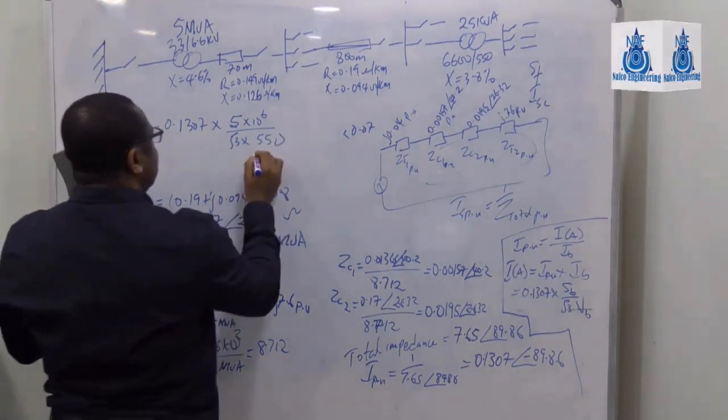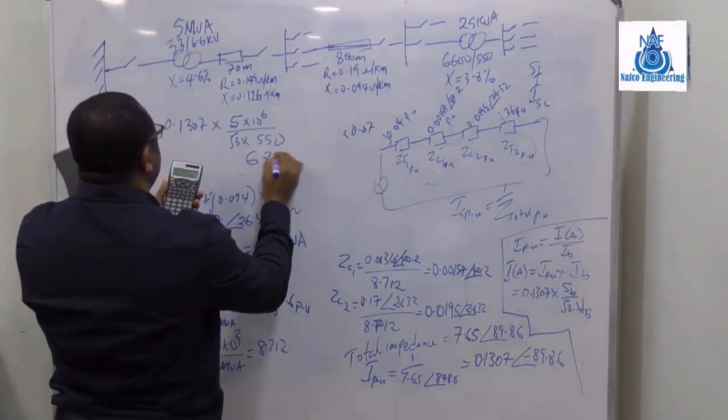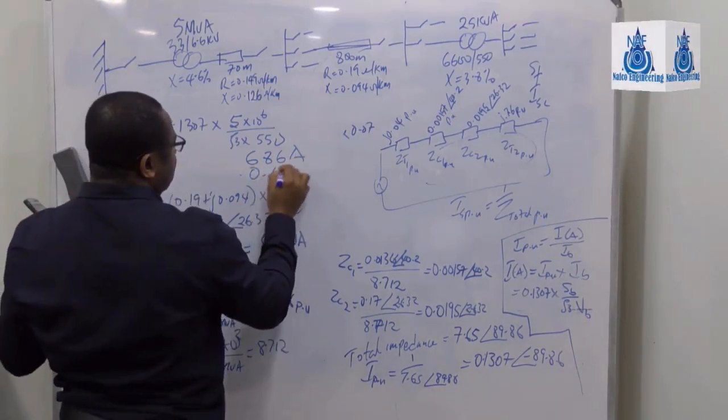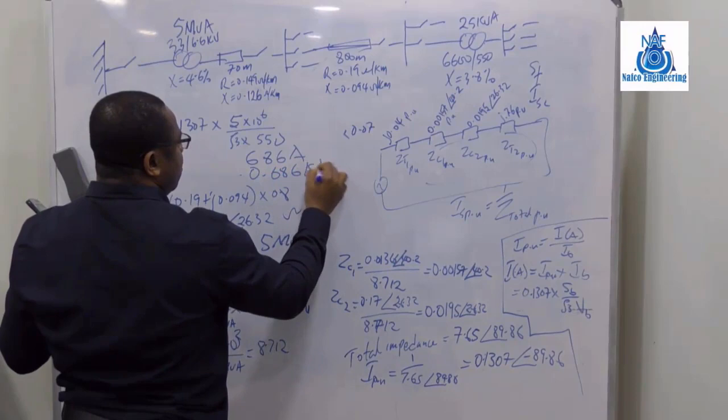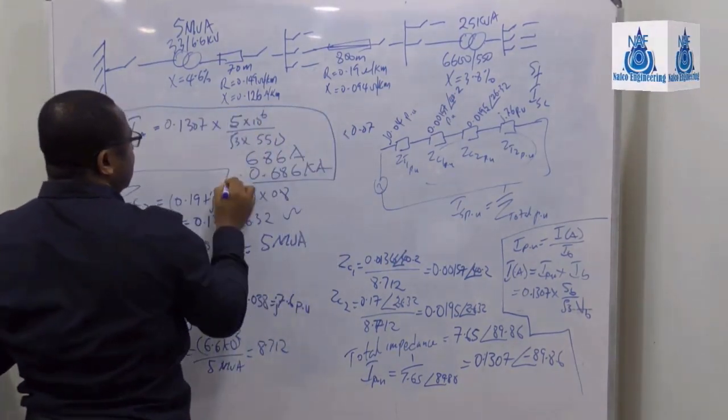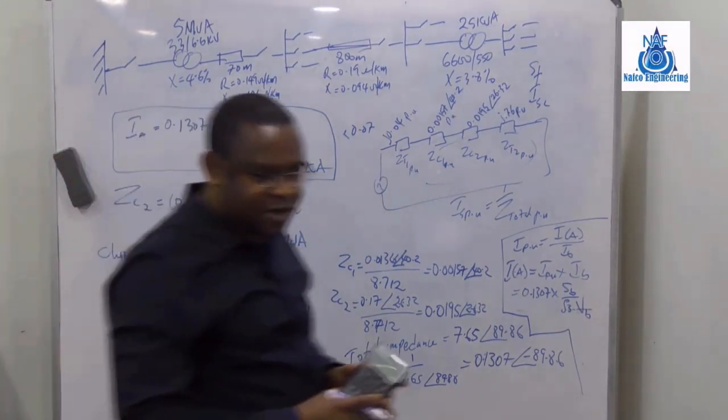Okay, so you get 686 amps. That's 0.686 kilo amps. All right, so that will be the answer to that question.